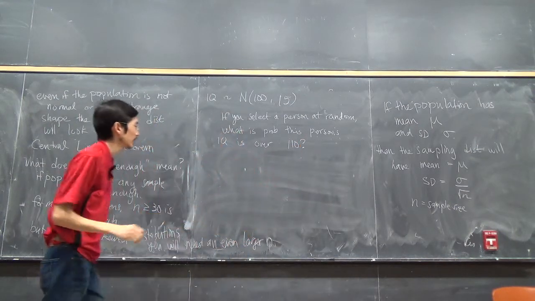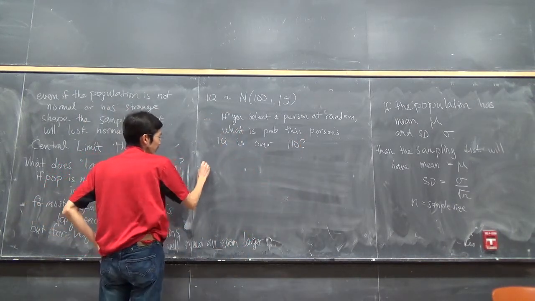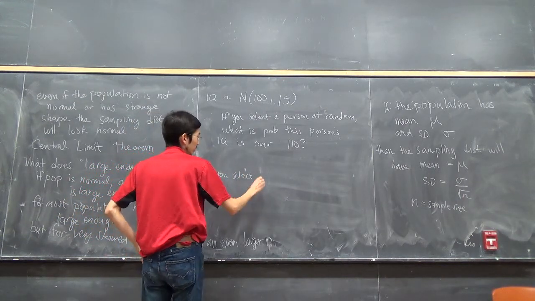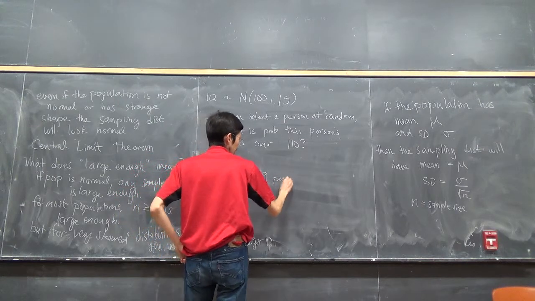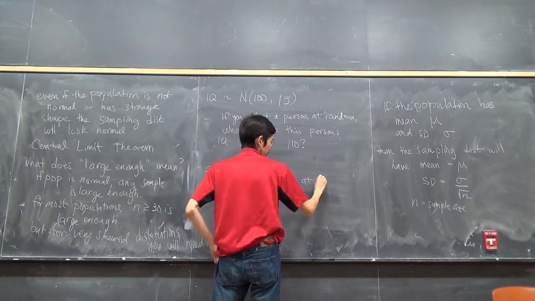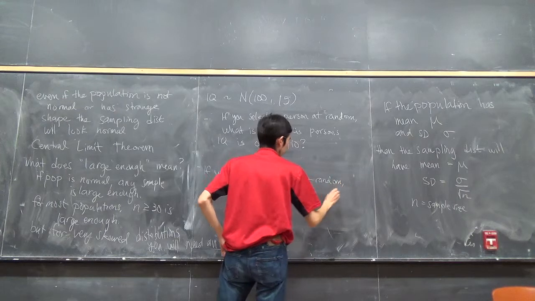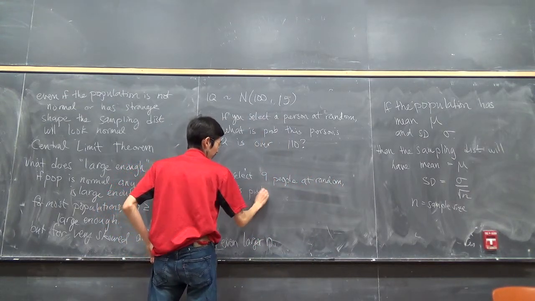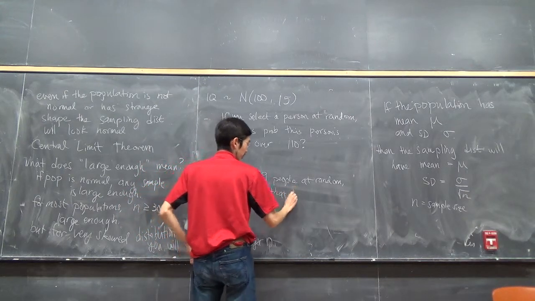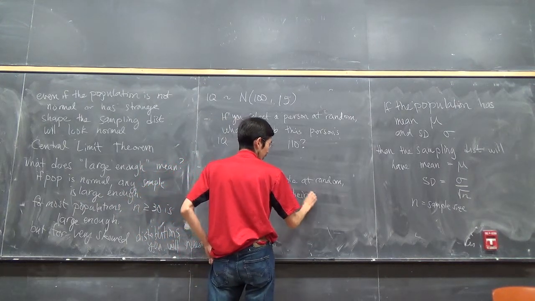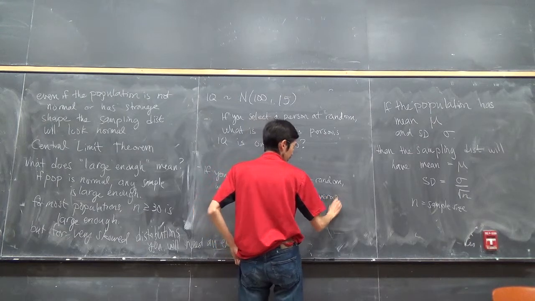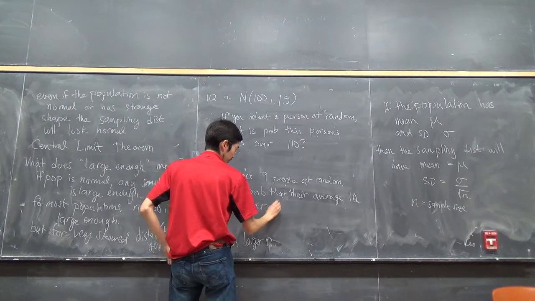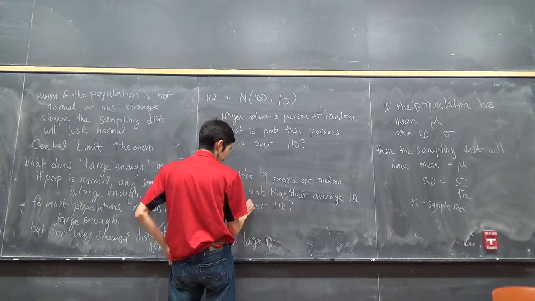Okay. And question 2: if you select 9 people at random, what is the probability that their average IQ is over 110?